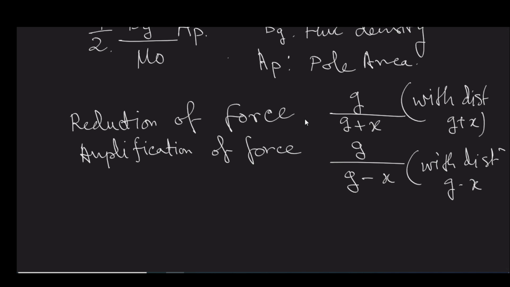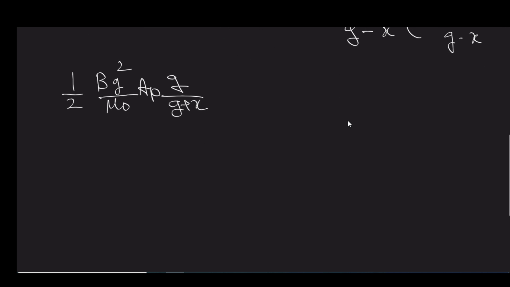So you can get it clearly that the force exerted by the pole that is at a distance g plus x, or having an air gap length g plus x, will be how much? Half, and similarly for the other one it will be how much?